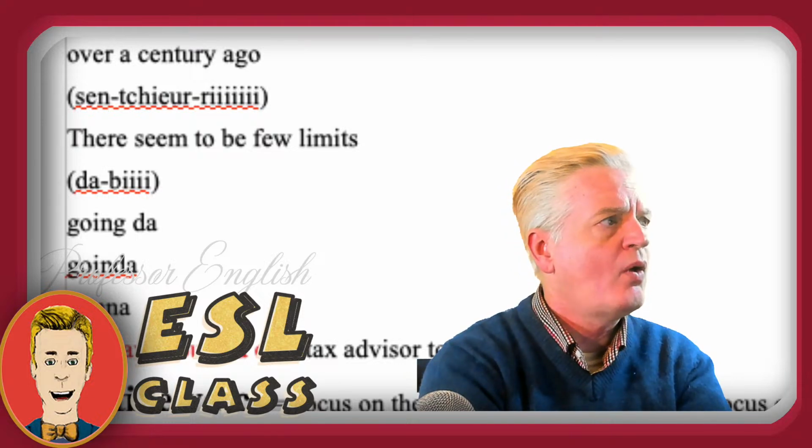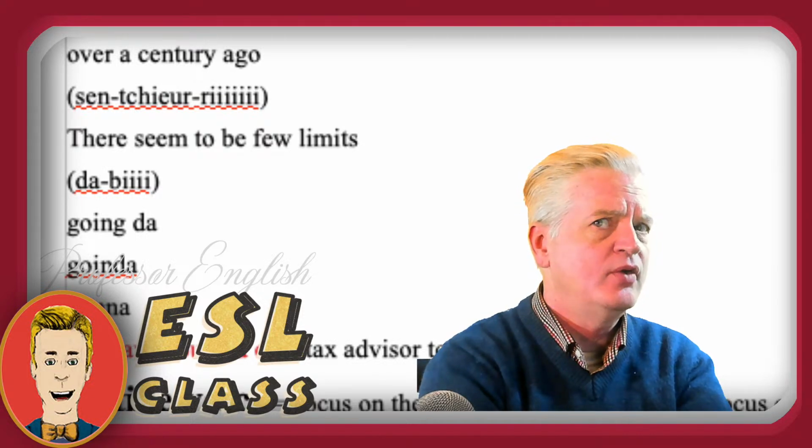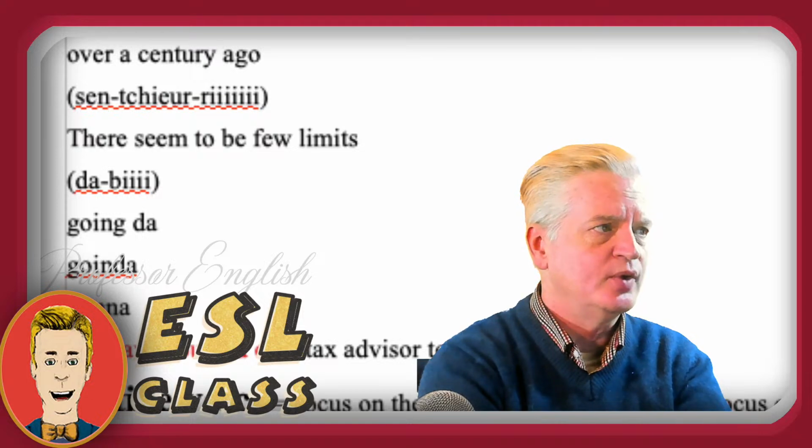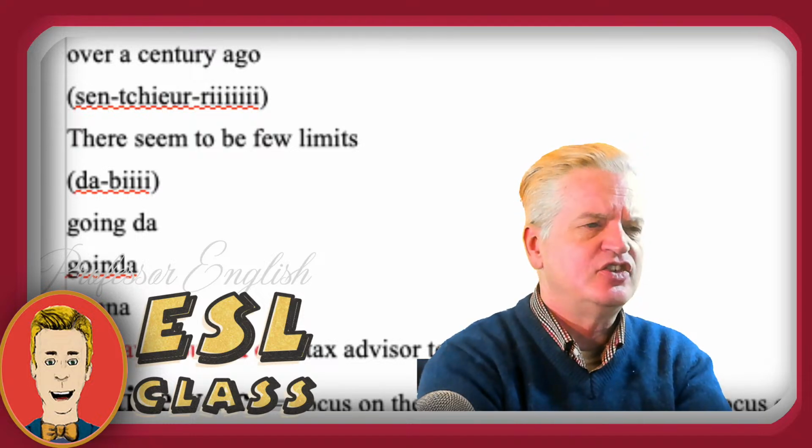Over. What about the word a? Is that long or short? Over a. That's short. Over a century. What about sen? Is that long or short? Sen. That's short.